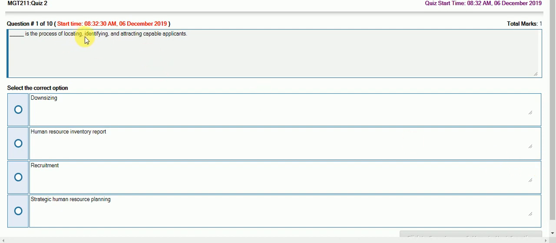Dash is the process of locating, identifying, and attracting capable applicants. Let's check out Google.